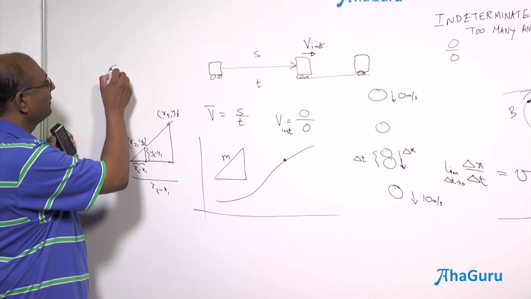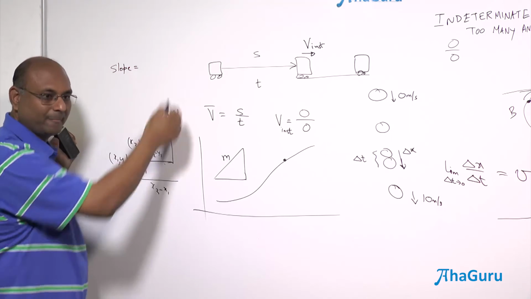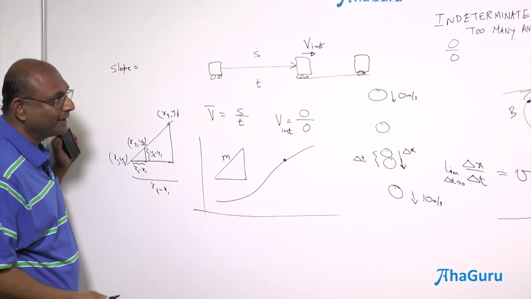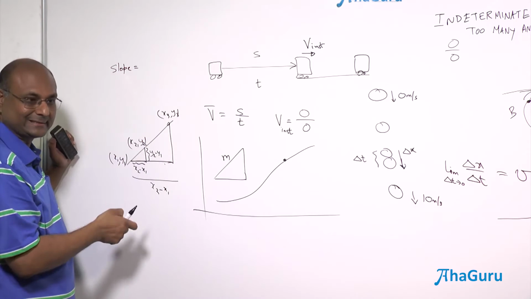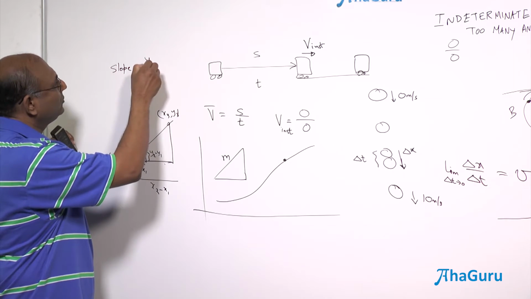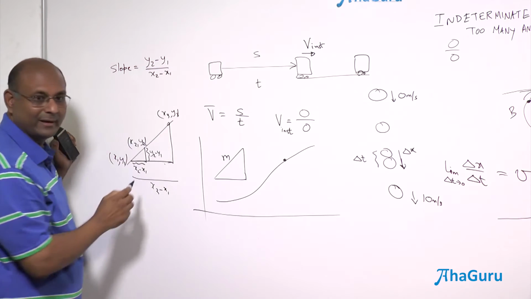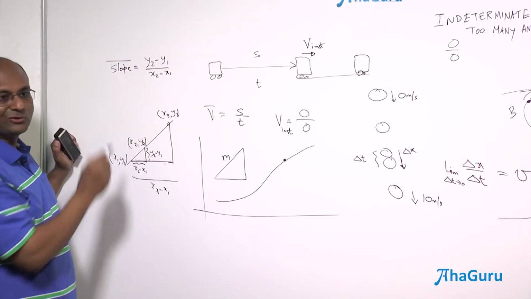And slope, what is slope defined as? Rise by run. Okay, increase this way by increase that way. Actually the same as delta x by delta t, we have delta y by delta x. So what is this? y2 minus y1 by x2 minus x1, and that should not be called slope, it should be called average slope.